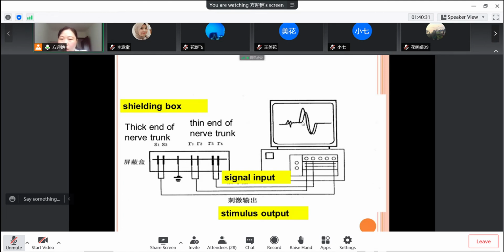We can see the action potential in channel 1, and the amplitude in channel 2 is lower than channel 1. And this is not one single nerve fiber, it's a bunch of nerve fibers. Because there are a bunch of nerve fibers, there are alpha nerve fiber and beta nerve fiber.